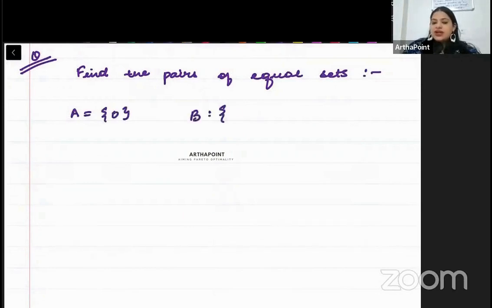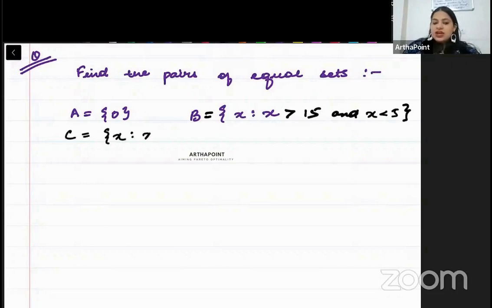B is x such that x is greater than 15 and x is less than 5. C is x such that x minus 5 is equal to 0. D is x such that x square minus 25 is 0.